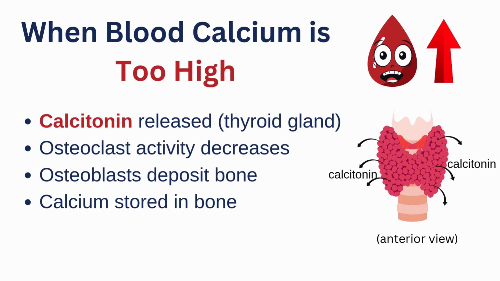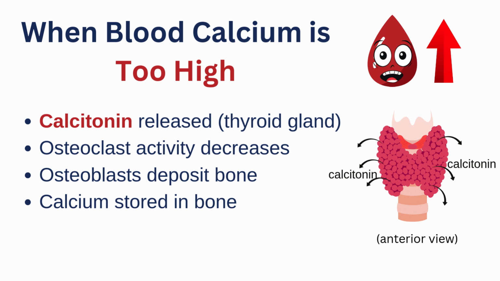Now let's look at the opposite situation, when blood calcium levels are too high. In this case, the thyroid gland releases the hormone calcitonin. You can remember this because calcitonin tones down the calcium level. Calcitonin decreases osteoclast activity, slowing bone resorption.